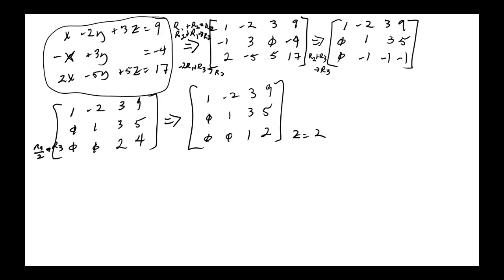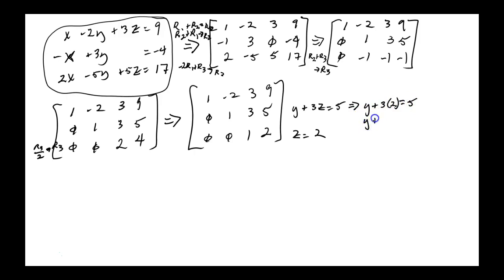Now here, put them back in, and what does that represent? y plus 3z is equal to 5. But we know what z is. So that would be y plus 3 times 2 is equal to 5.